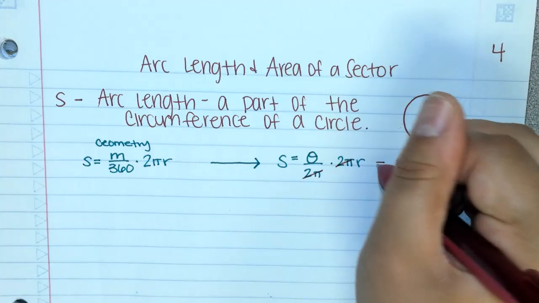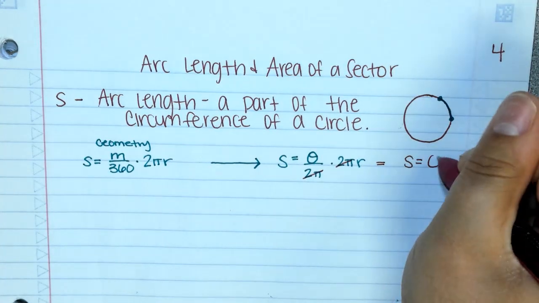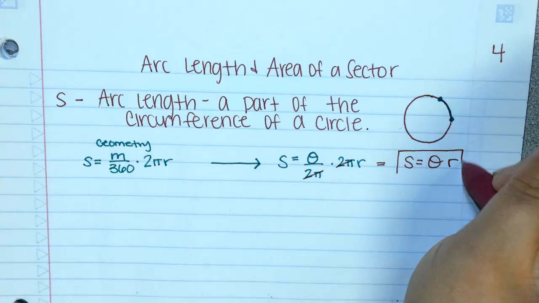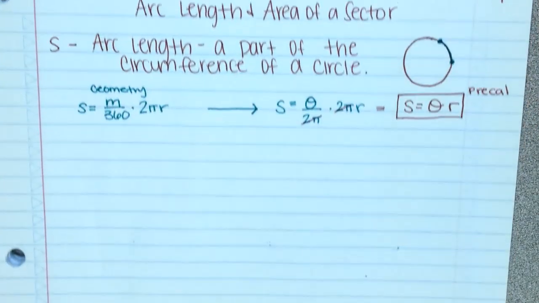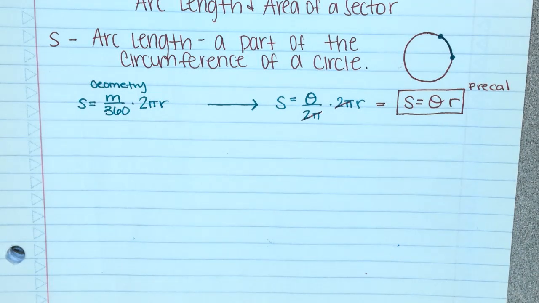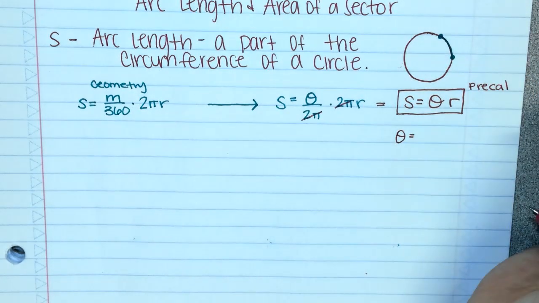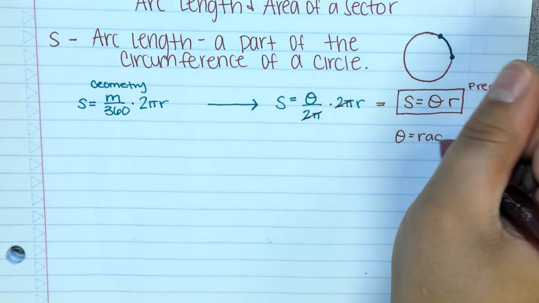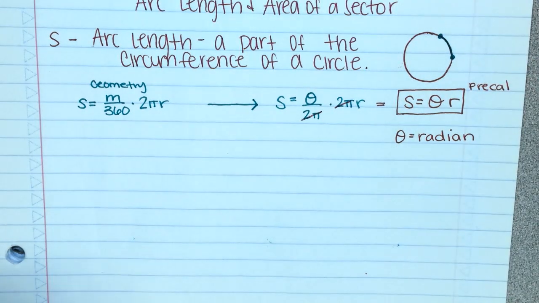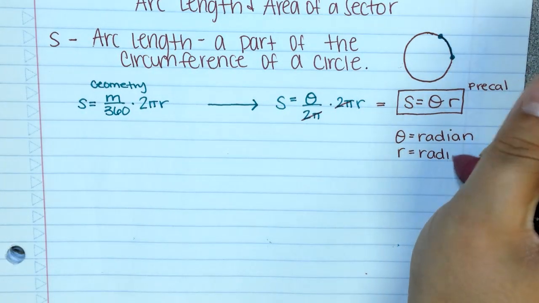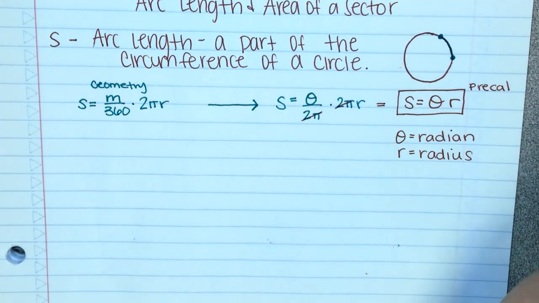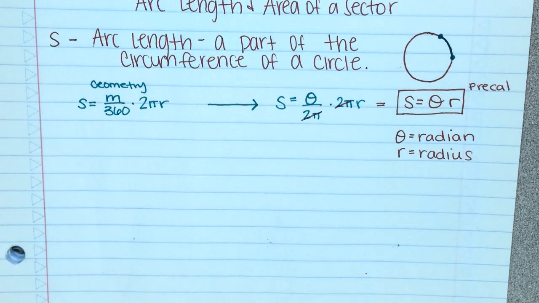So what is my formula? Theta times r. This is the formula you are going to have to memorize. What is theta? The radian, not degrees. What is r? Radius. Box that, please. You're going to have that memorized.